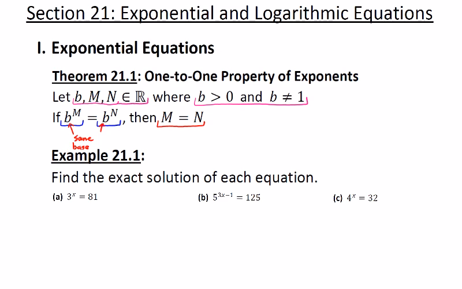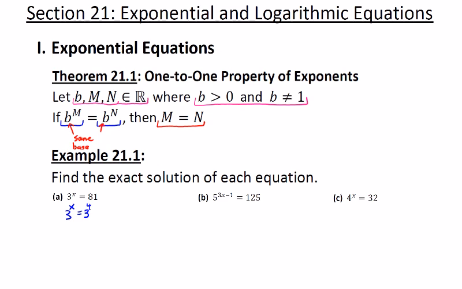So I'm going to leave the left-hand side as 3 to the x. But I'm going to look at 81 and I'm going to view it from a power perspective. 81 is 3 to some power. So when you find the power for that, you'll write it in. The power for this is going to be 4.